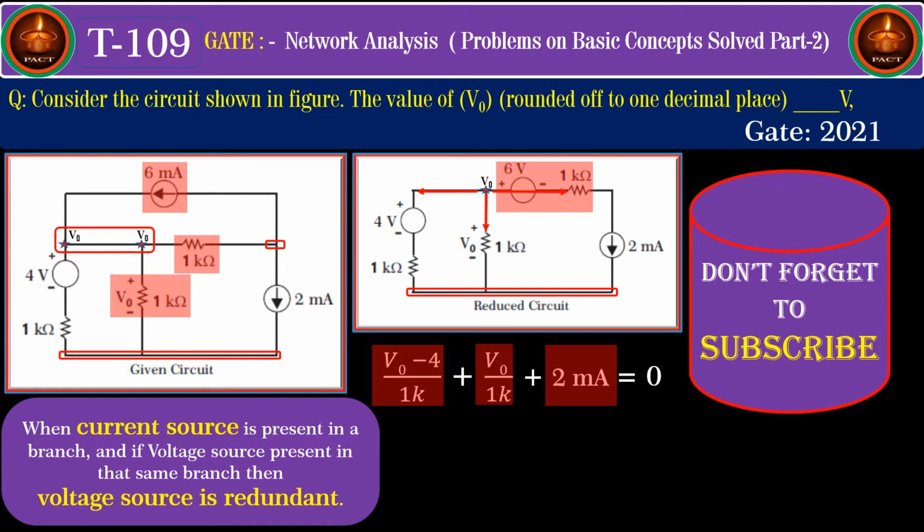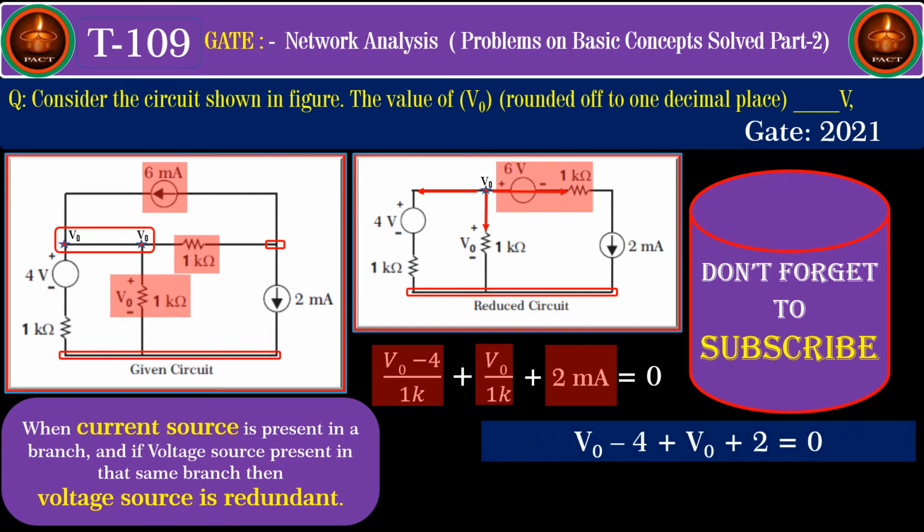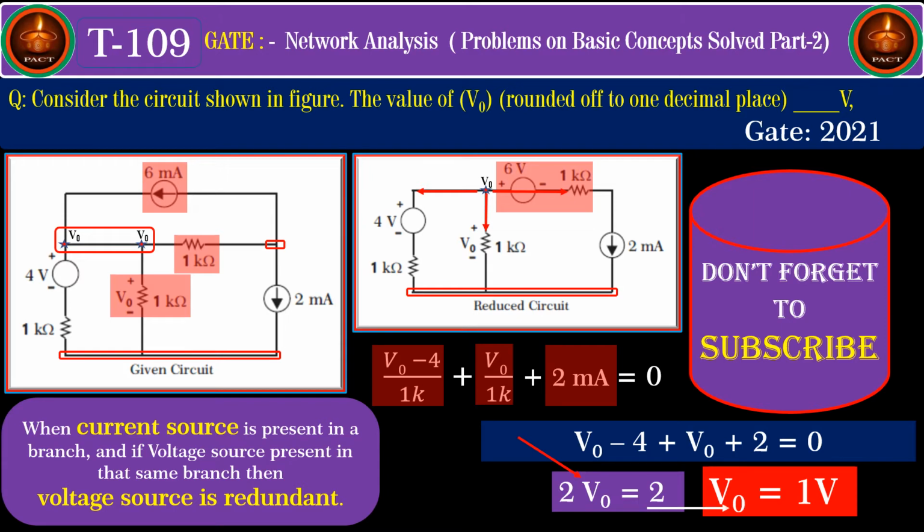But if you take 1K as LCM and reduce the network, we get phi naught minus 4 plus phi naught plus 2 volts is equal to 0. So the equation which was in current terms, you have converted into voltage terms, and by solving the simple equation, you get phi naught is equal to 1 volt. Very, very simple, isn't it?